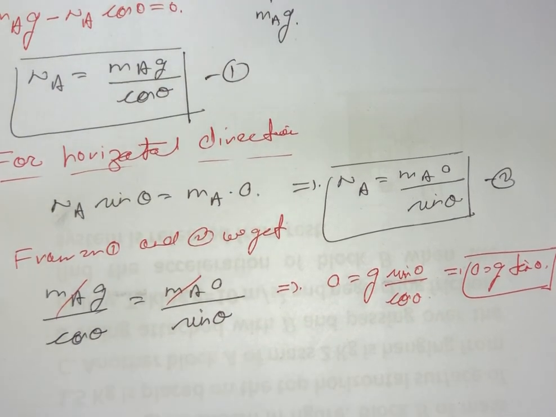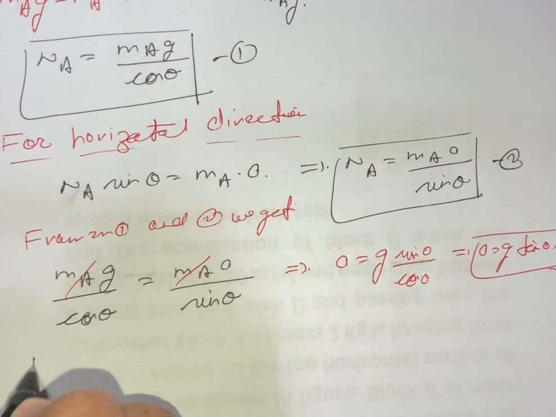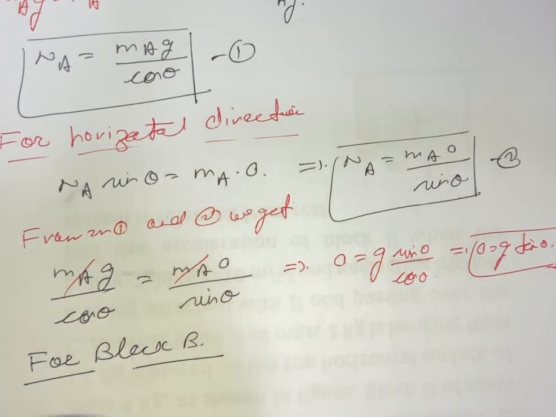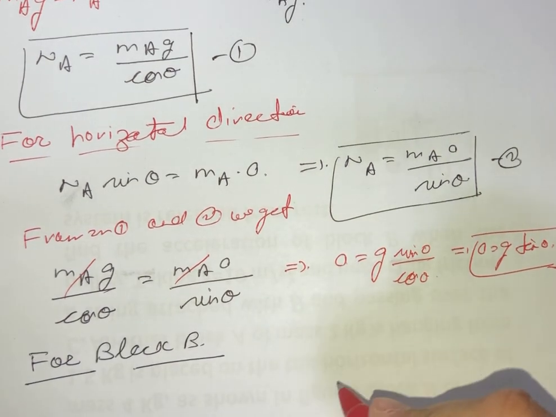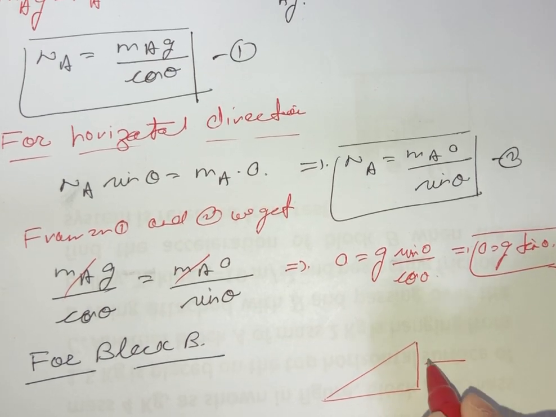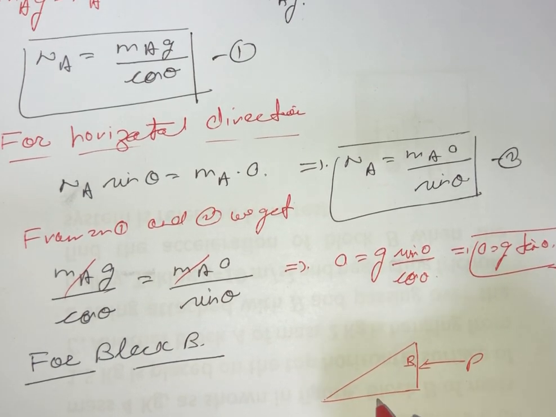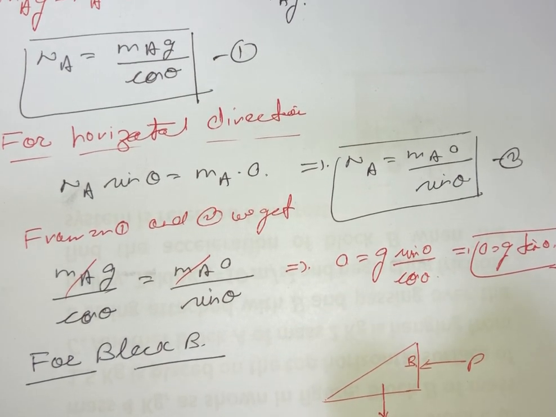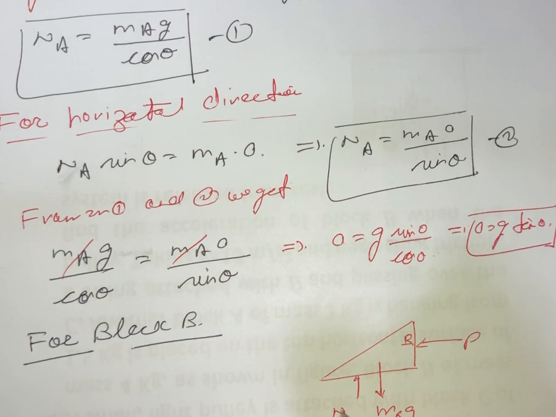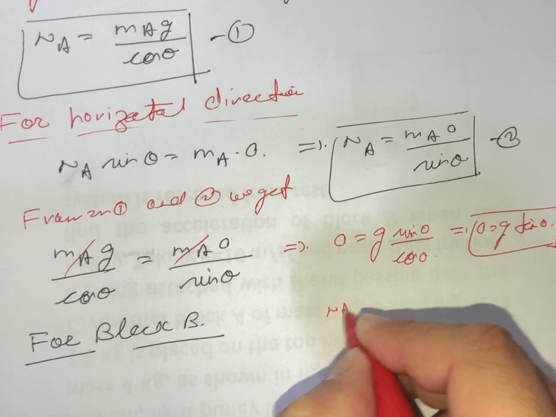Now let us consider block B. For block B, force P is being applied on it, and this is our block B. In the downward direction there will be MBG, here will be the normal because of the surface, that is NB, and also the normal NA.